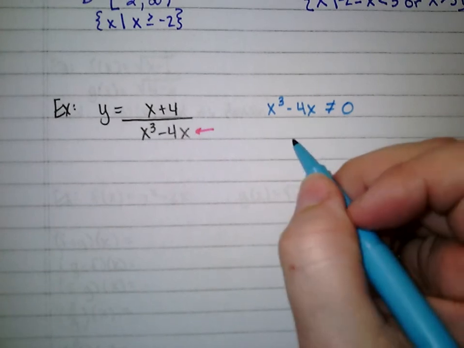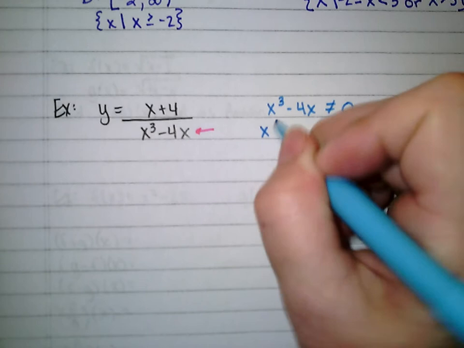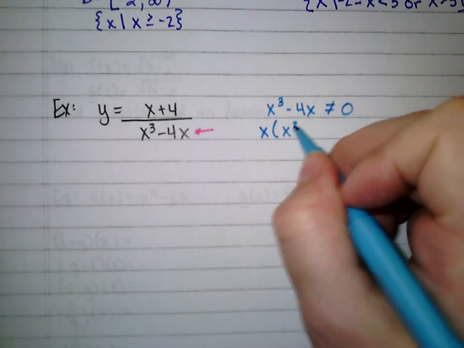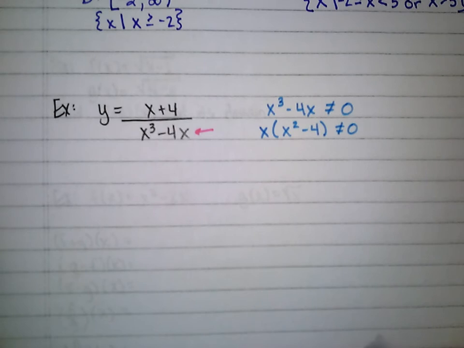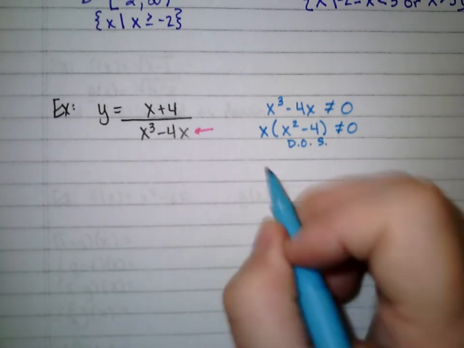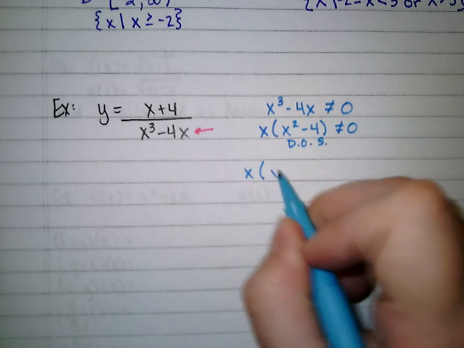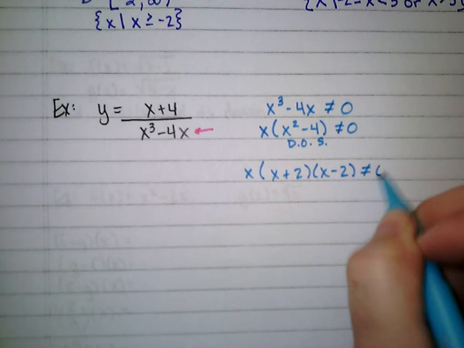So to solve this, I'm going to start by taking out a GCF, which is x, and that leaves me x squared minus 4 cannot equal 0. And then I can factor this by difference of squares. So I'm going to have x times (x plus 2)(x minus 2) cannot equal 0.